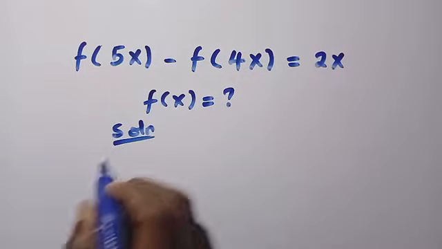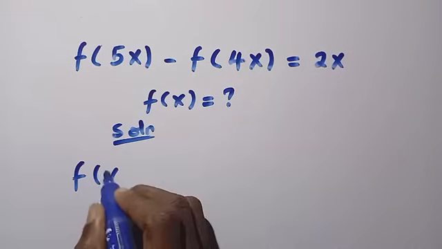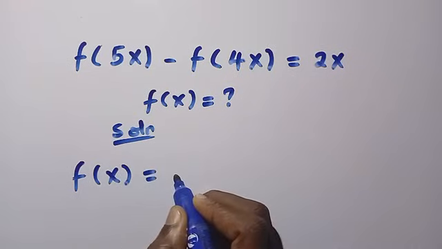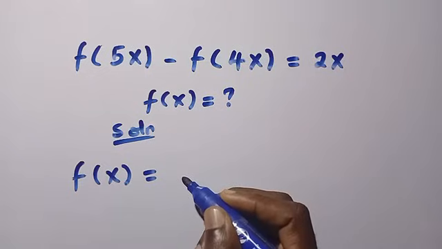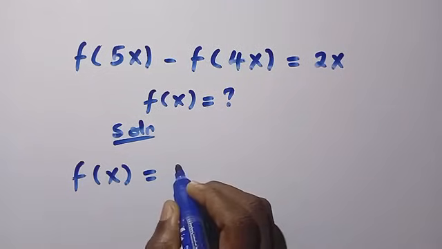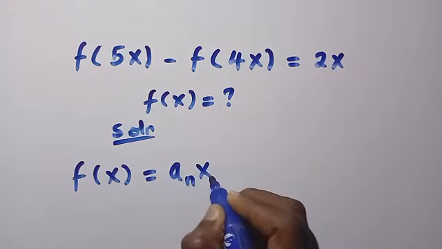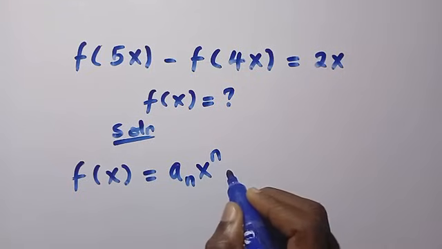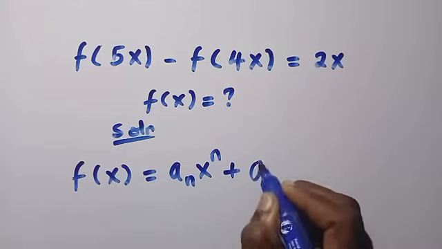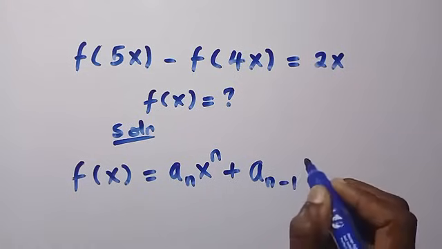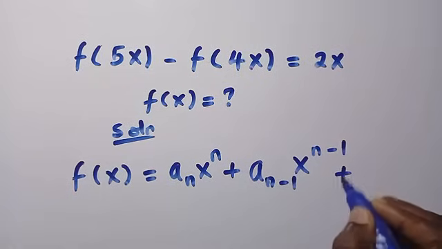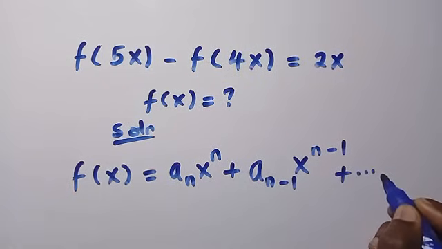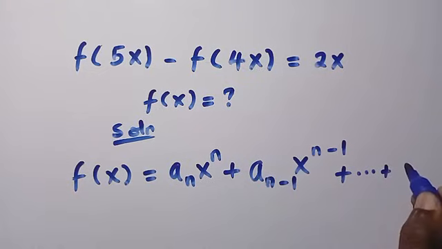Assume that f of x equals, we are assuming the general polynomial form since we don't know the degree yet, a_n x raised to power of n plus a_(n-1) x raised to power of n minus 1, then plus, this continues like that, it keeps decreasing till we have a naught.